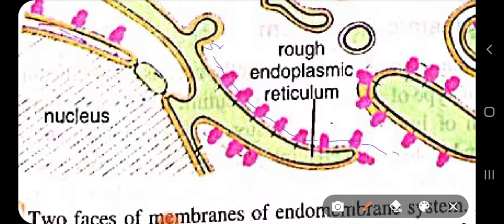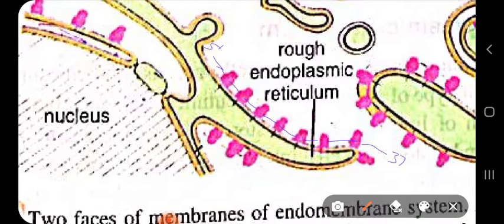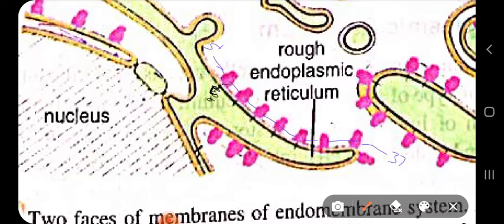Many ribosomes are held with that same mRNA to form proteins. I am drawing the proteins with black color so that you can understand. The proteins are going to be inserted inside the cell.